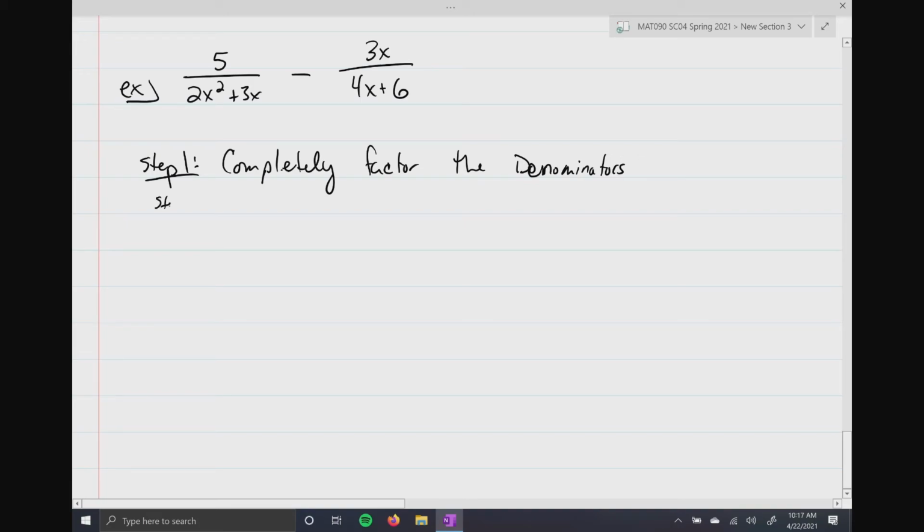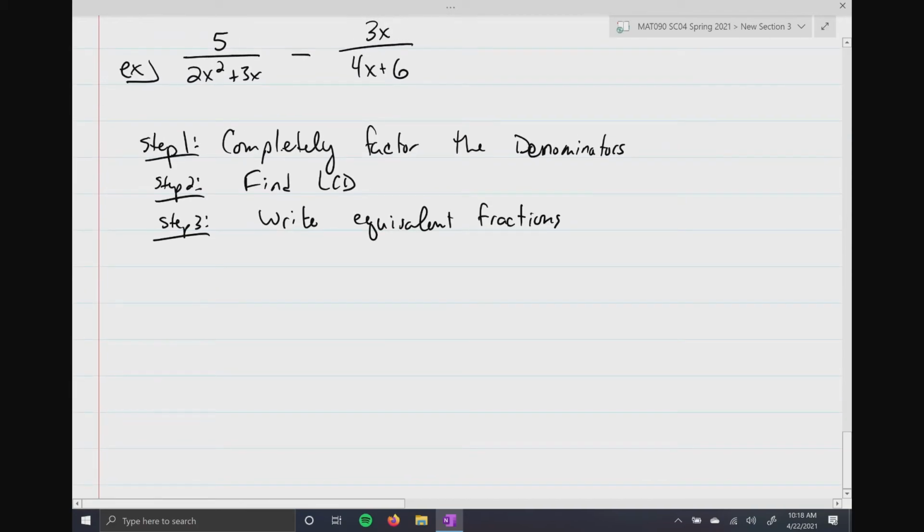Step 2. Find that LCD. And then step 3. Write equivalent fractions, which is basically the same exact steps that we've seen before. We're just going to speed it up a little bit. Okay? So I'm just going to rewrite the problem real quick.